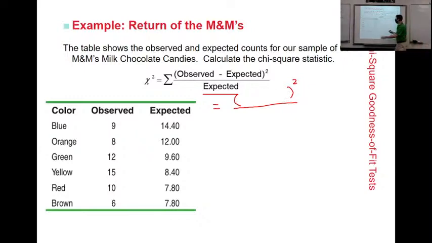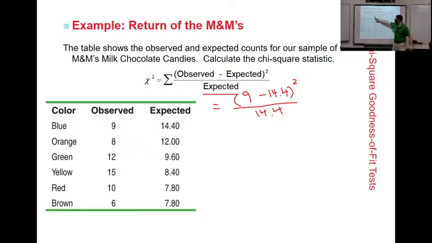Our observed for blue is 9. Our expected is 14.4. Squared, all over expected, 14.4. So there is our first component.